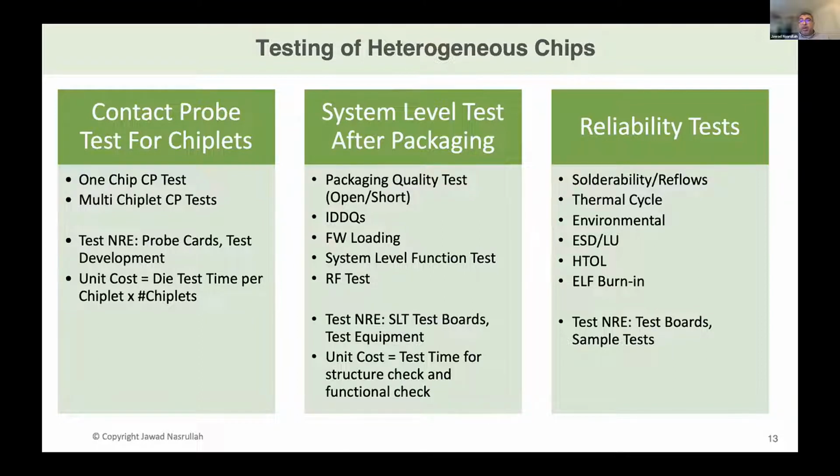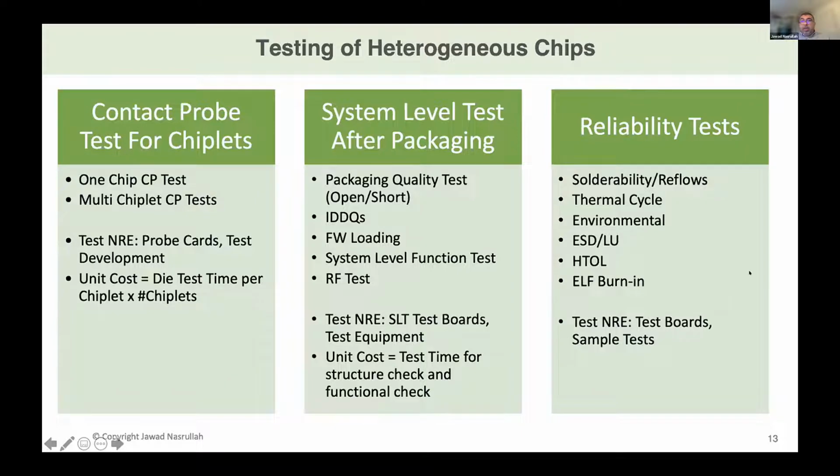And then there is a whole gamut of other reliability tests that come into the picture for early life failure and later life failure. So all of these different tests need to be understood very early on by the architects and designers, and they need to plan for it. And the question of do we test on the bumps or do we put sacrificial pads is an important one, and one solution to it.